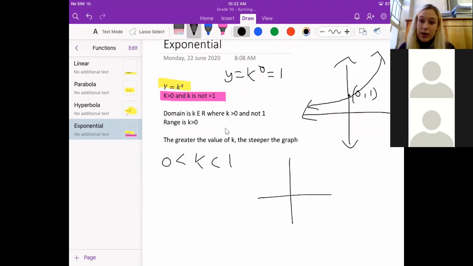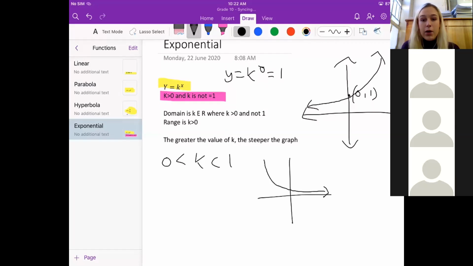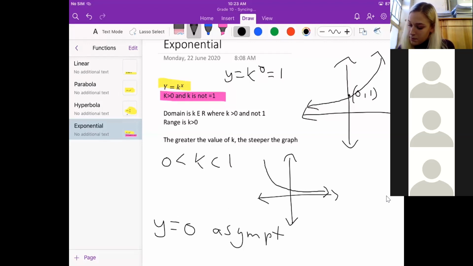So we are now going in a negative direction. Again, this graph will keep on going down and down and down, but it will never hit y equal to 0, which means we essentially have an asymptote at y equals 0. Y equals 0 is an asymptote, because it'll never touch it, and that's what an asymptote is.